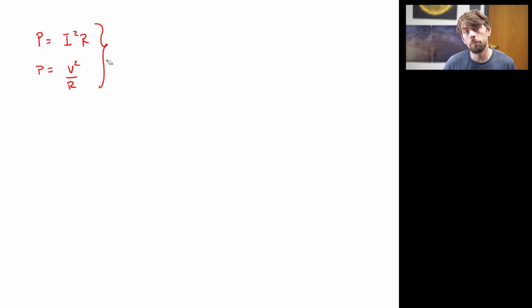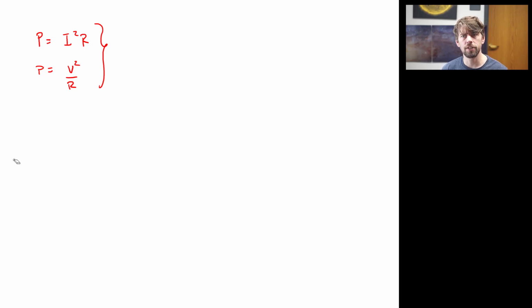Now that we have this idea for a resistor, power is I squared R, or power is V squared over R, we should be able to use these ideas to come up with the rules for how resistors can be combined within a circuit. So let's go ahead and do that.